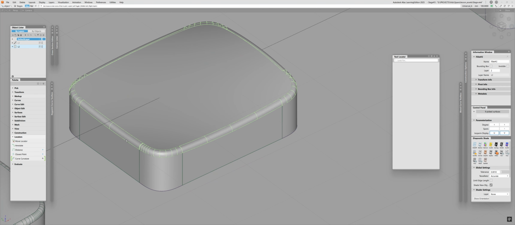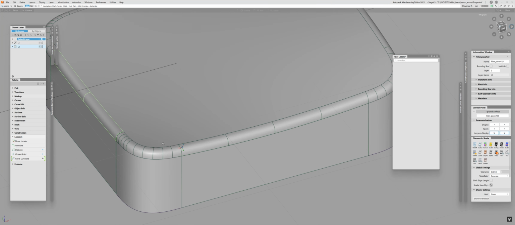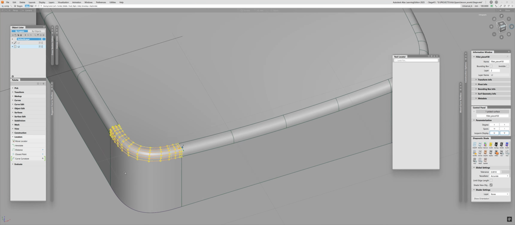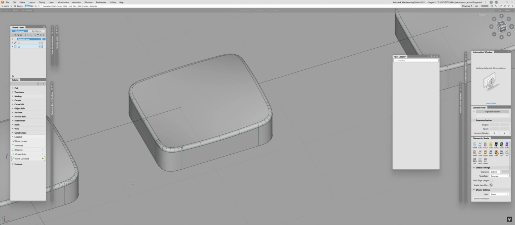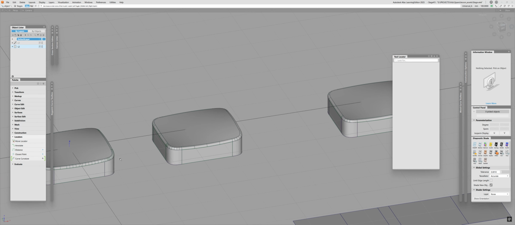So now this surface and this surface and this surface are separate, right? But within the surface, the spans are still happening. Alias has the ability to add more definition through the spans if there is not enough fidelity for the surface to bend the way it's supposed to. So this is kind of the middle ground between these two examples. The unwanted result, the wanted result, and this is something in between.